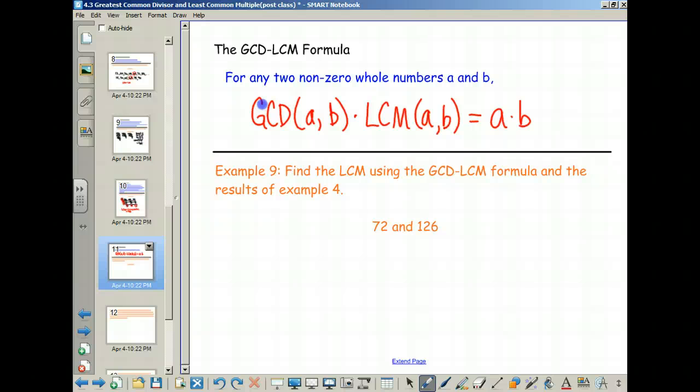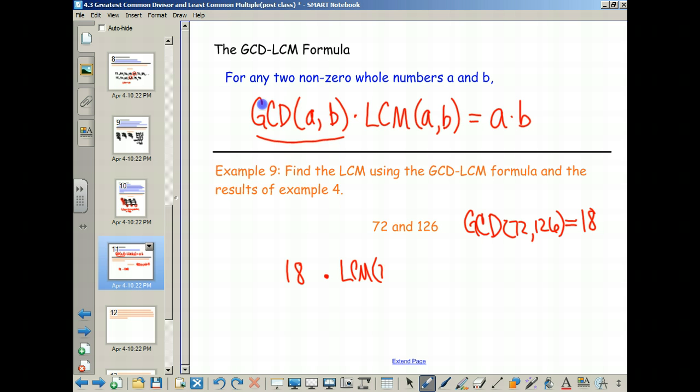72 and 126 we did before. Go back up to example 4 and tell me what is the greatest common divisor of 72 and 126? 18. So in other words, if I want to find the least common multiple, I can take 18, because it's the greatest common divisor, times the least common multiple of 72 and 126.